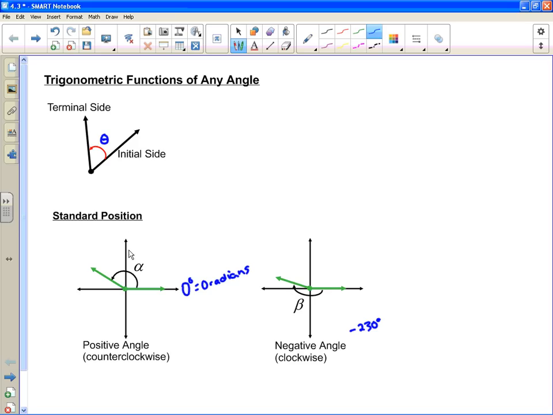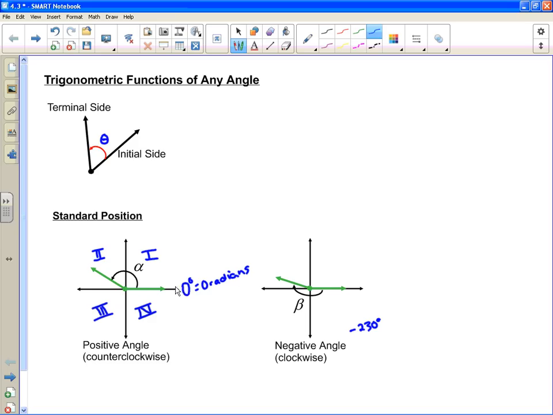It may seem weird that 0 degrees is right here, but if you remember when you learned about quadrants in Algebra 1, this is the first quadrant, because if I start at 0 and go counterclockwise, this is the first quadrant I get to, this is the second, this is the third, and this is the fourth. That's why we label the quadrants that way, and hopefully that makes it easier to remember that 0 degrees starts over here.